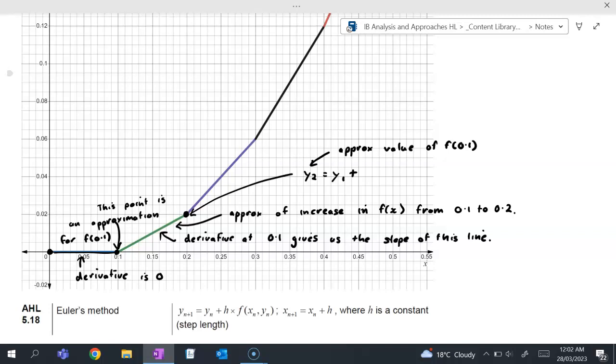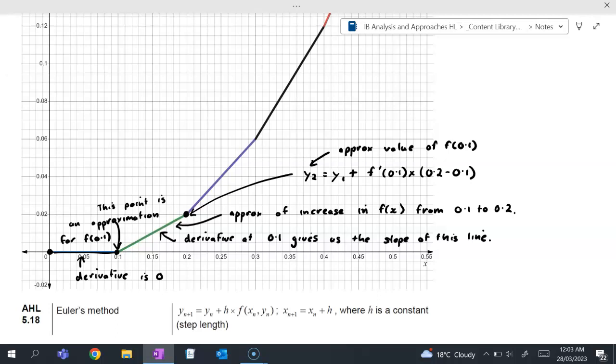So plus the slope f dash at 0.1 times the difference between 0.1 and 0.2, which is 0.1. Or I'll be a bit more explicit, 0.2 take 0.1.